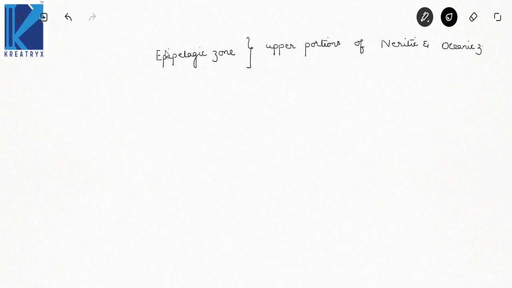Already we have discussed the first one, which is nothing but the epipelagic zone, the upper portions of neritic and oceanic zones.